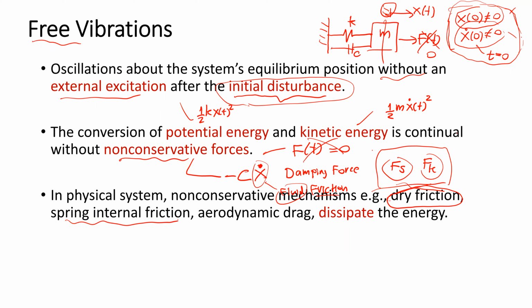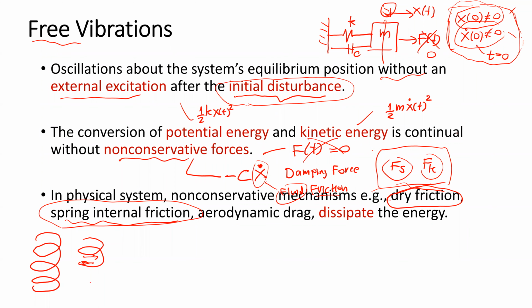If we consider in detail, the spring itself may also have friction. For a linear coil spring, the friction in the spring comes from when the first and the second coil scratch with each other as it deforms. When the coils scratch with each other, we can see the loss. We can have the internal spring friction for the coil spring.